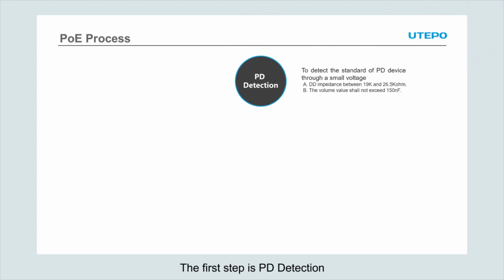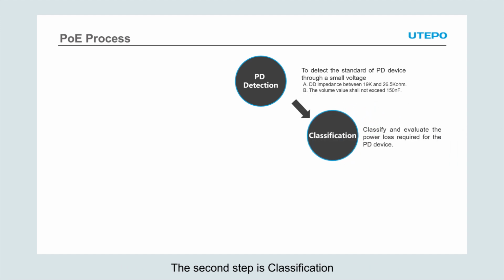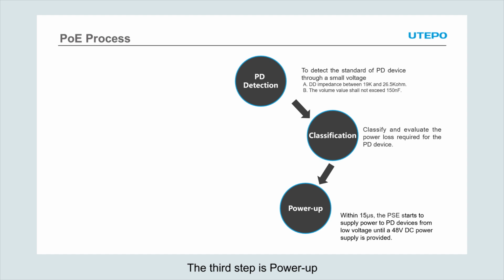The first step is PD detection, to detect the standard of the PD device through a small voltage. The second step is classification, to classify and evaluate the power loss required for the PD device. The third is power ramp.